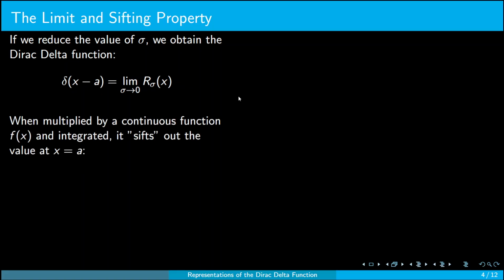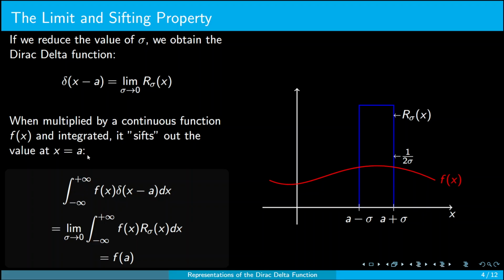When multiplied by a continuous function f x and integrated, it picks out the value at x equals a. This is one of the properties of the delta function. I want to repeat that this is one of the representations of a Dirac delta function, one of many.